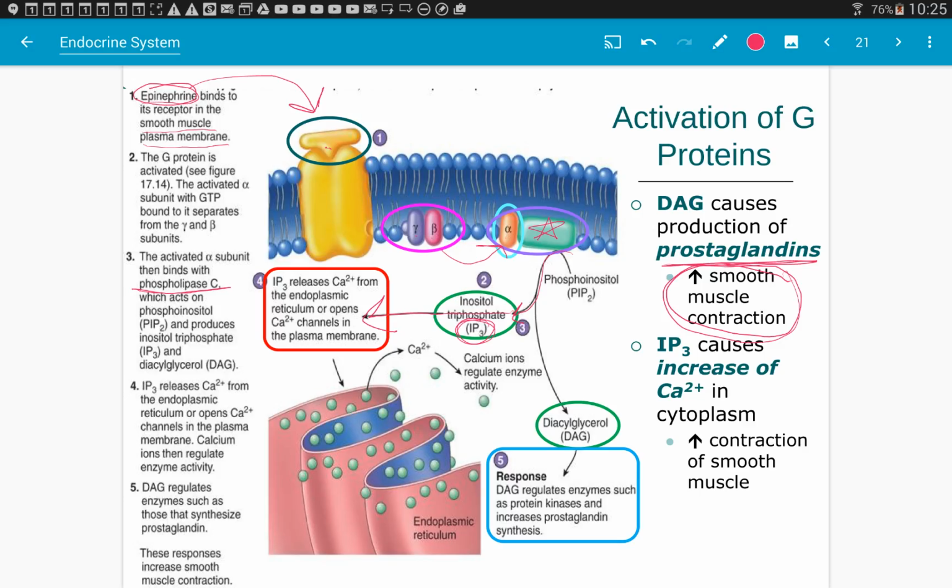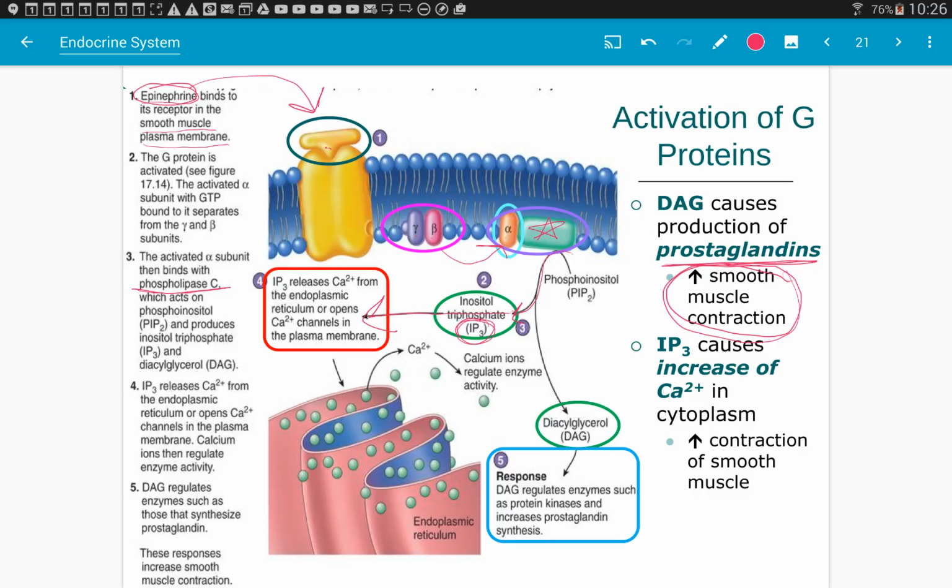So this is smooth muscle, and the ultimate effect of epinephrine on this smooth muscle is to cause calcium to be released from the endoplasmic reticulum or calcium channels to open and allow calcium to come in. We have already learned that calcium has a direct effect on the ability of a muscle to contract. Remember that?